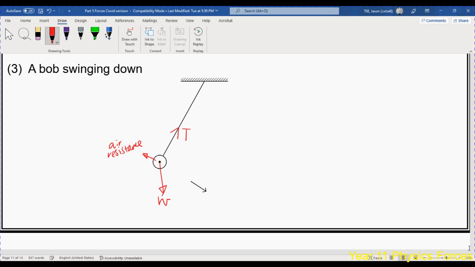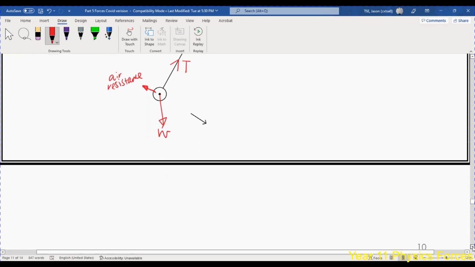That's the only force you might consider adding to the diagram. If you don't want that air resistance, that's completely fine. Normally we don't need to consider that. It's too small.